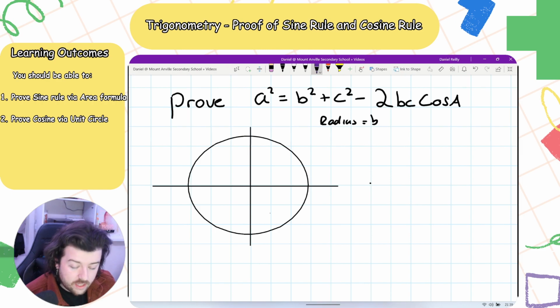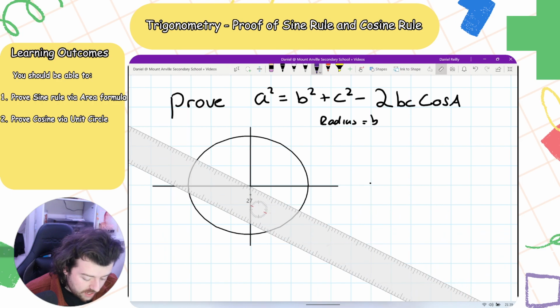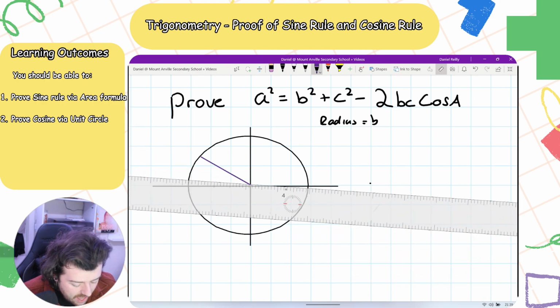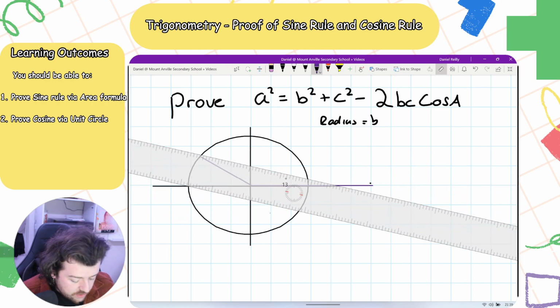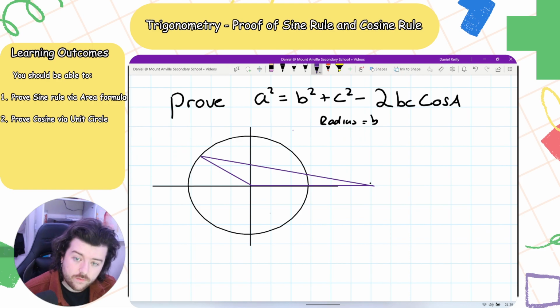So what we are going to do now is draw in a triangle. We usually draw in this exact triangle here. So this side, then we draw this side. We extend it out a little bit like so, and then we connect the two sides up. Right? So that's the triangle we need.